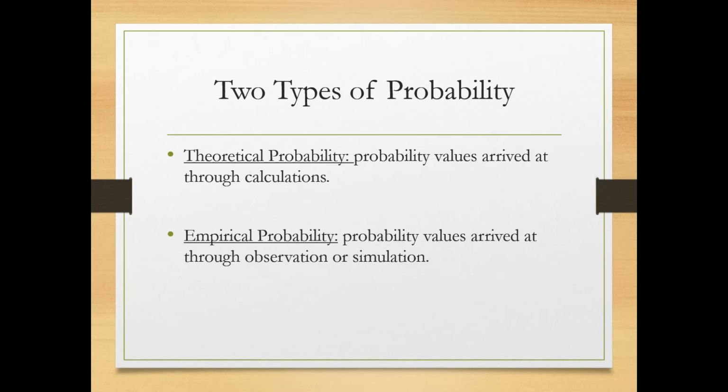Anyway, theoretical probability is just calculating probability values through formulas and things of that nature. Empirical probability, these are probability values arrived at through observation or simulation, and we've done this. We've rolled die, we've built tables with outcomes, we've run simulations, and we've gotten estimates of true probability values this way. So those are two things.